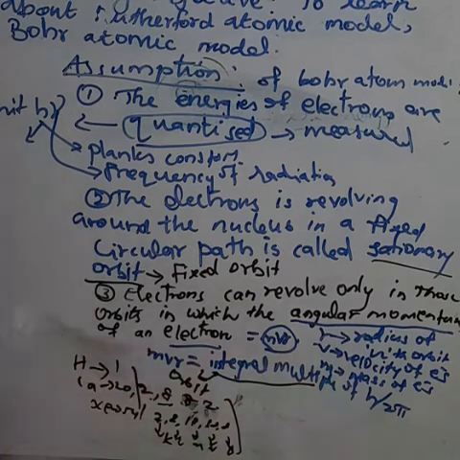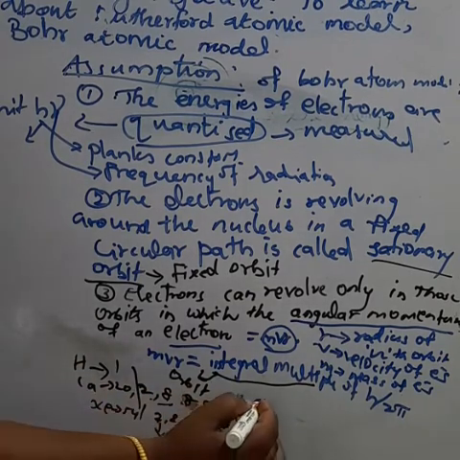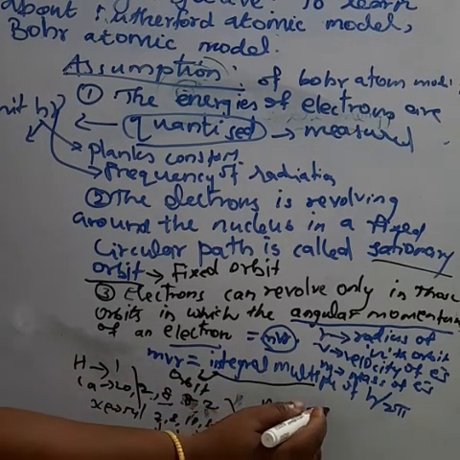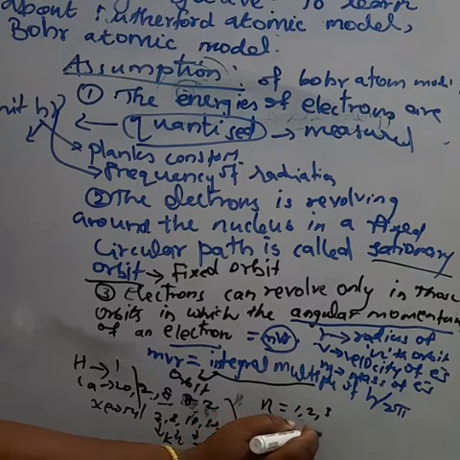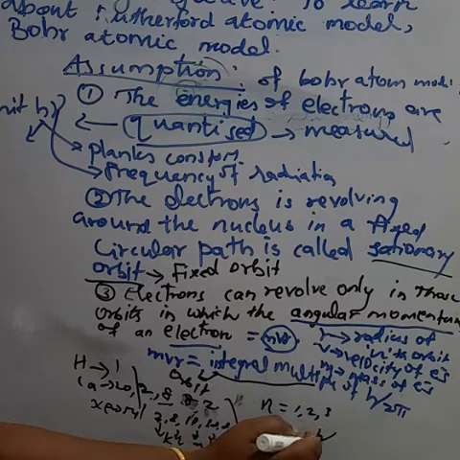Integral multiple means n, so MVR is equal to n h by 2 pi. n means integral multiple. Understand?